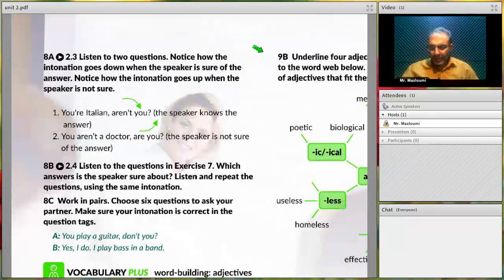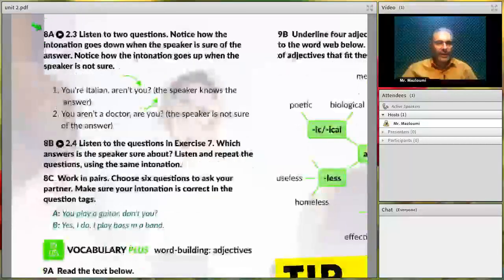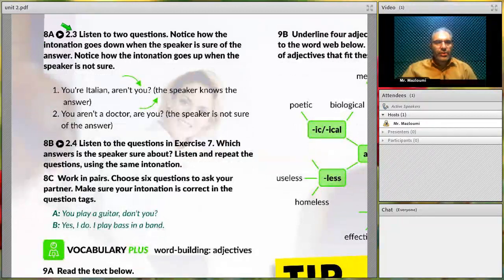Alright, now page 17, everyone, page 17, exercise 8A. Listening 2.3. Listen to two questions. Notice how the intonation goes down when the speaker is sure of the answer. Notice how the intonation goes up when the speaker is not sure.